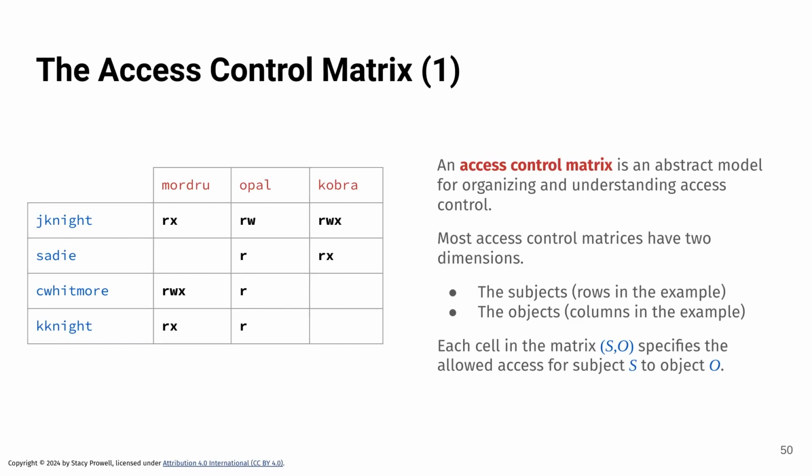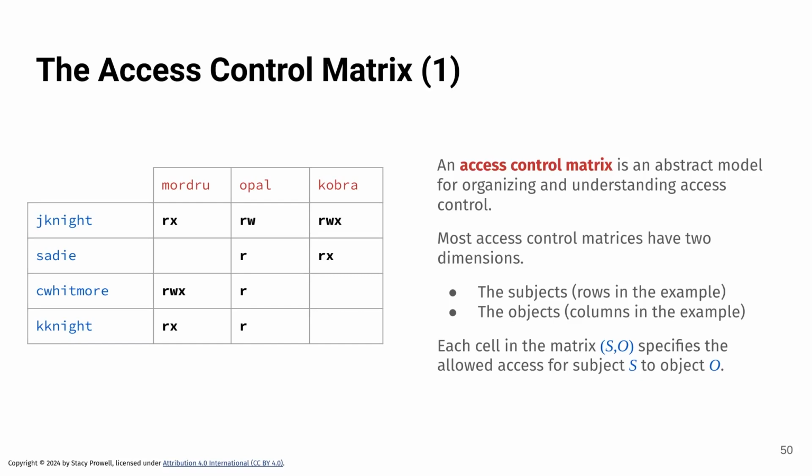So, the basic idea is I want to think about the permissions that are being granted to subjects with respect to objects. And I can do that by organizing all of this conceptually into an access control matrix. I'm not going to build the whole matrix. That would be crazy. But we can think about it conceptually. It gives us a way to reason about it.